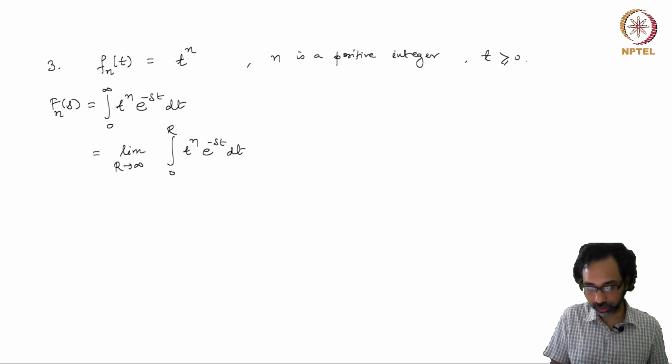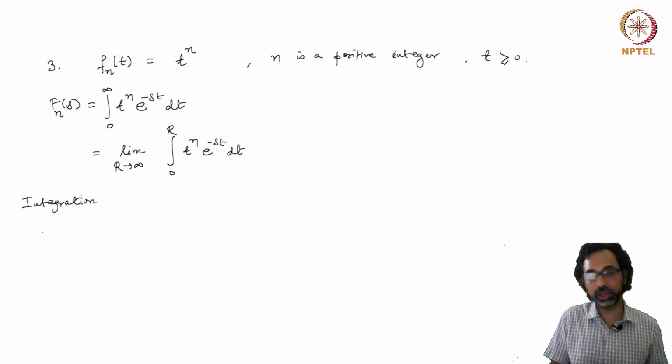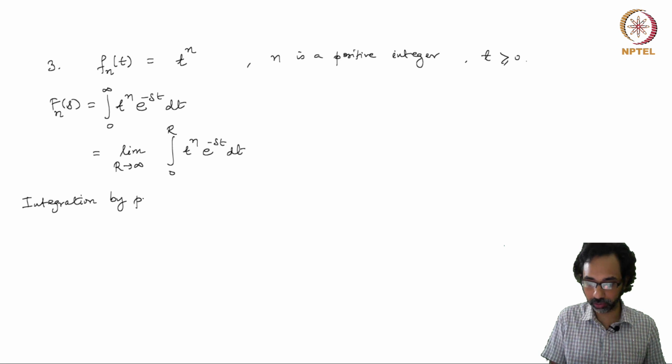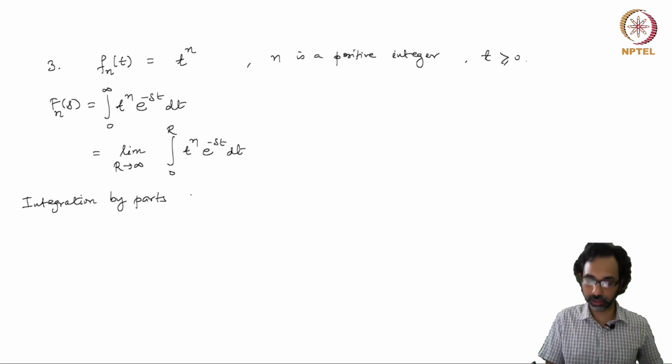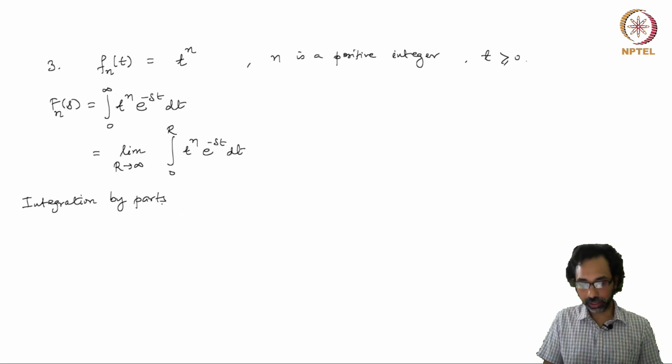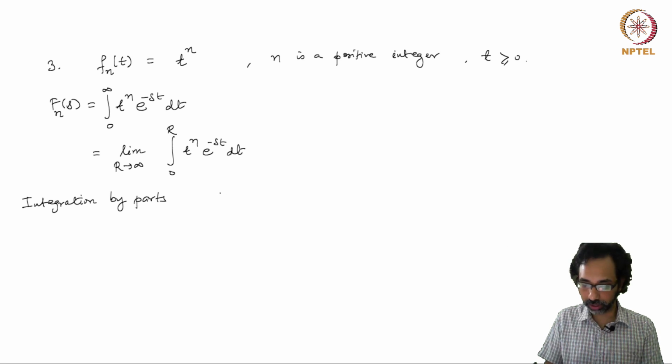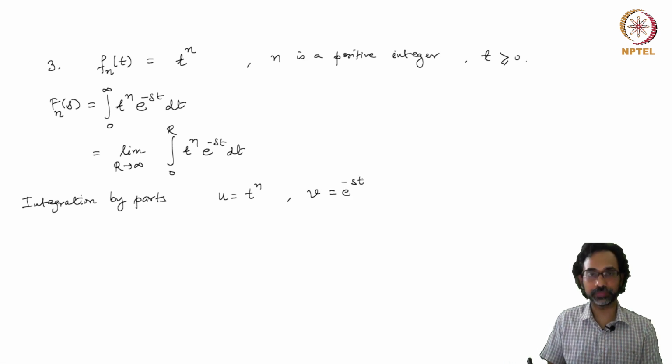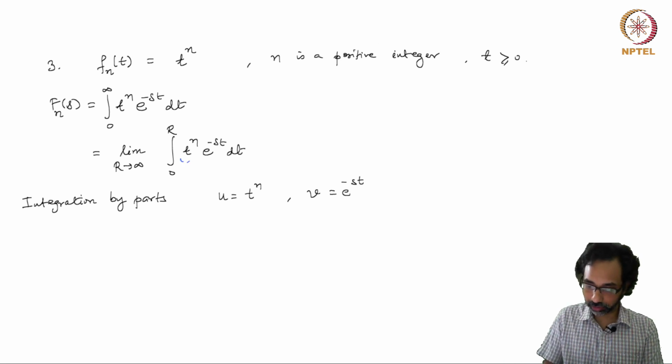Here we can use integration by parts, and you will see that integration by parts is a fundamental tool in computing the Laplace transforms. So here we will have the integration by parts by choosing our first function u as t to the power n and the second function v as e to the power minus st. Okay. So this is our u and this is our v.